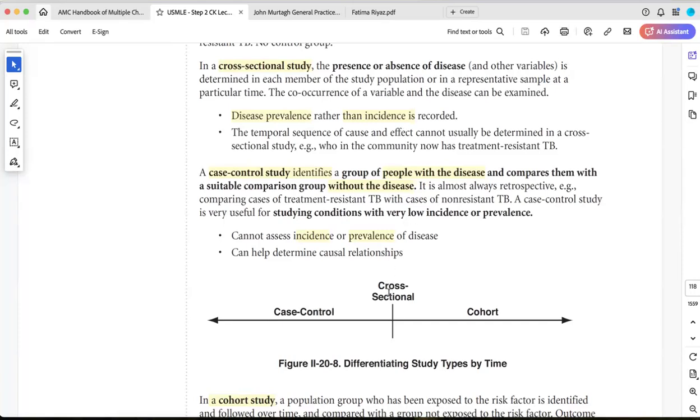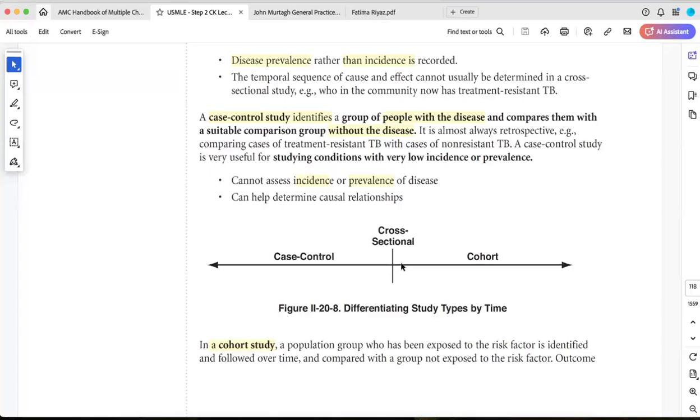Because in cross-sectional we don't go forward, we can't know the new cases. We can only know how many patients have a disease in that particular community at that particular time. So in cross-sectional, you can get the disease prevalence, which includes all the diseased patients in that community at that time, but you can't actually get the incidence.